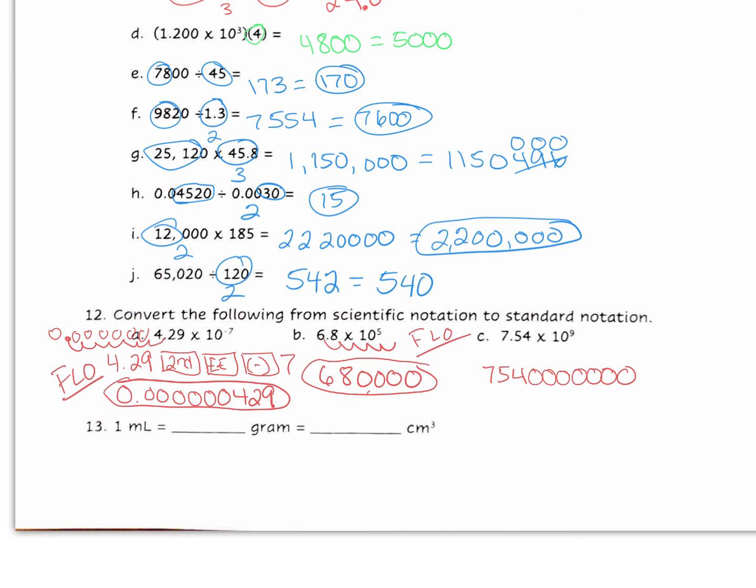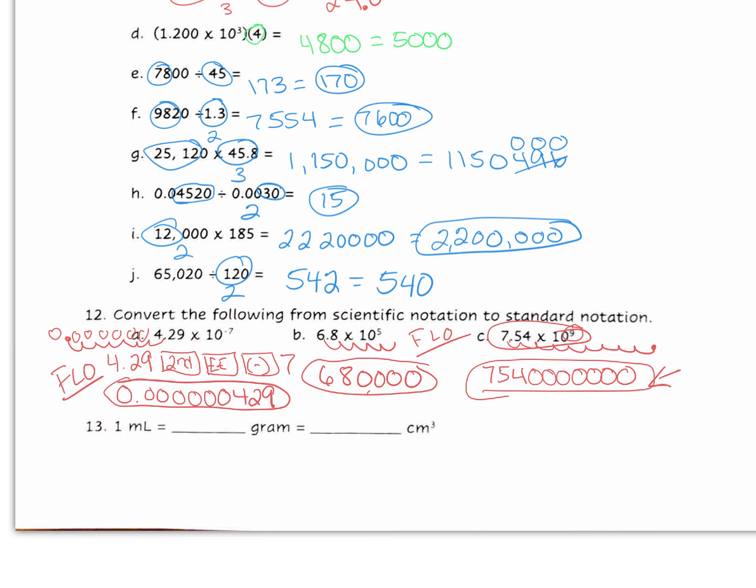Yep. So basically you're taking it and moving it. It's a large number because this is positive. So we're going to move it to the right, 9 places. And then you add all your zeros in. But the calculator gave me this one. I typed it in like this using that second EE key method. And then when I pushed enter, it gave me this number.